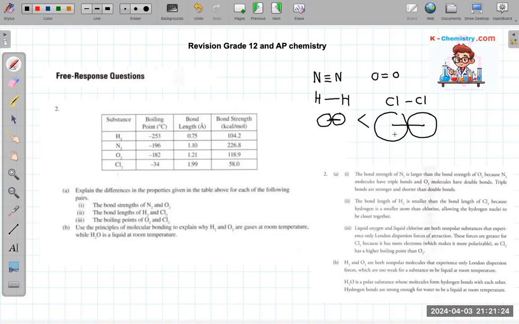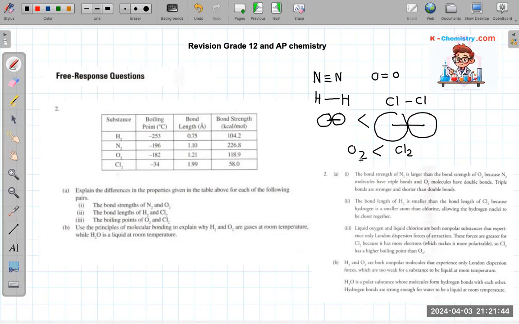That's why the boiling point of Cl2 is higher than that of O2, because it has more electrons and stronger intermolecular forces of attraction.